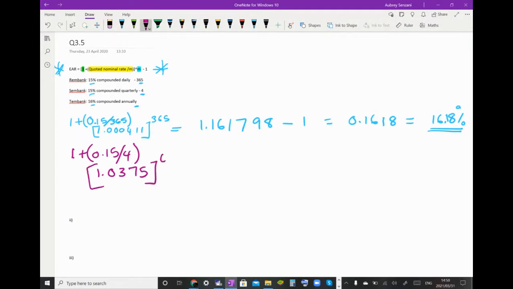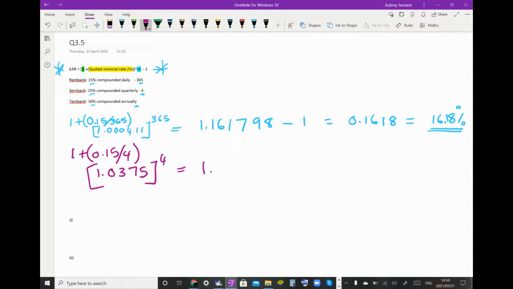And then to the power 4, okay, what do we get? 1.0375 to the power 4.